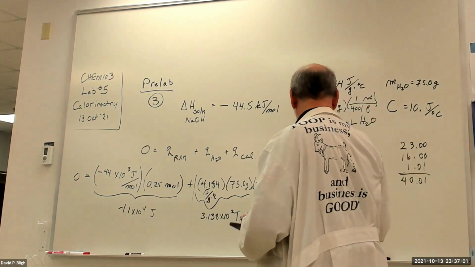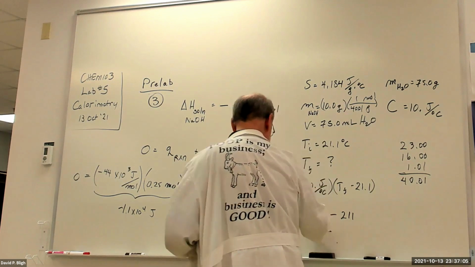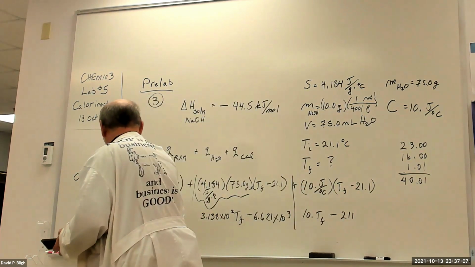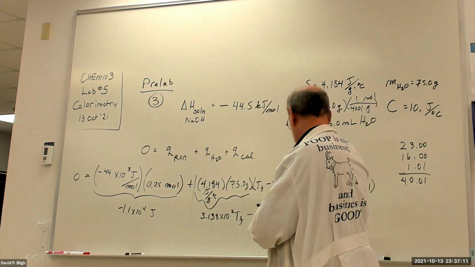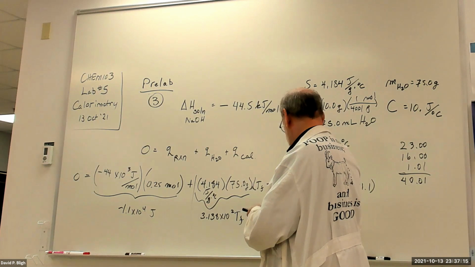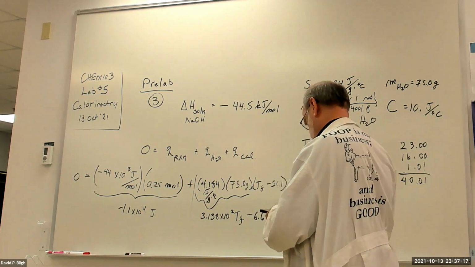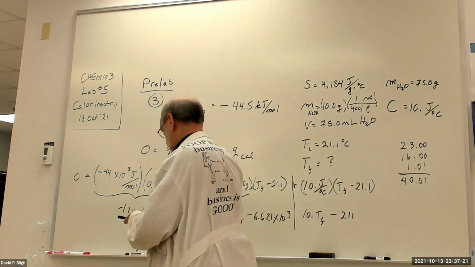Okay, so let's see. This is a free number. That's a free number, and that's a free number. So we'll combine these three. This one and minus this one. And minus that one.